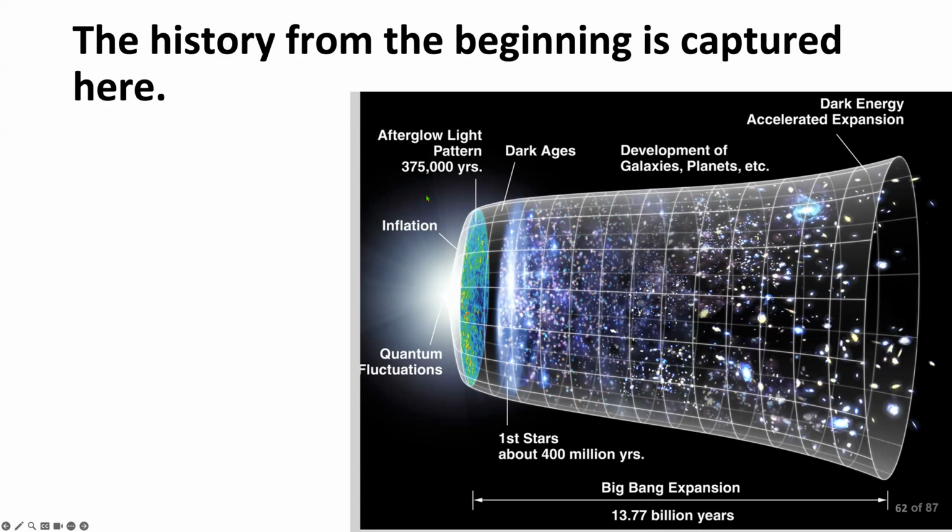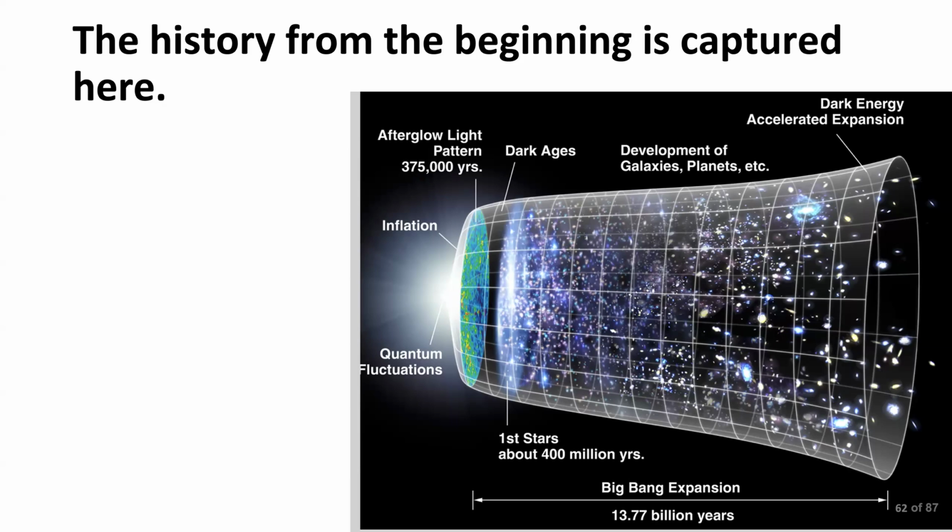It took about 400,000 years before the temperature in the universe dropped to a point where hydrogen could form. That is, where protons and electrons merged together to produce hydrogen. At that point, the universe became transparent. Now, there were no stars, so it was total darkness.